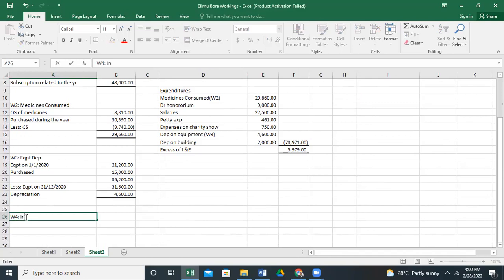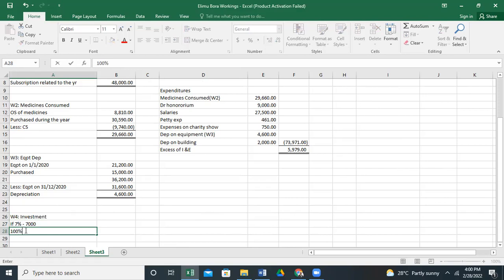So investment. If 7% is equivalent to 7,000, what about 100%?